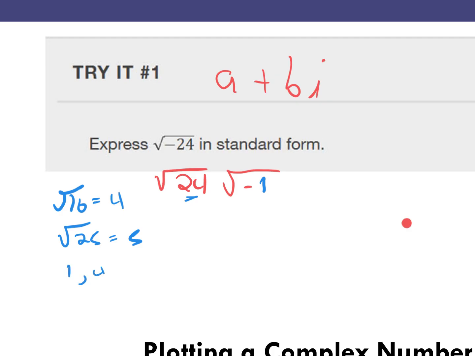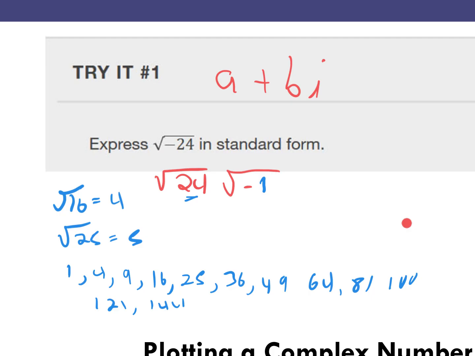1, 4, 9, 16, 25, 36, 49, 64, 81, 100, 121, 144.